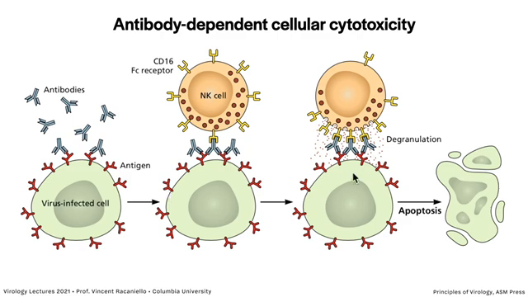The NK cell will then kill that infected cell. It will release molecules that induce apoptosis, and that cell is dead. So those antibodies are the link between the NK cell and the infected cell. They're what tells the NK cell that this is infected. So antibodies don't just bind virus particles to prevent infection.